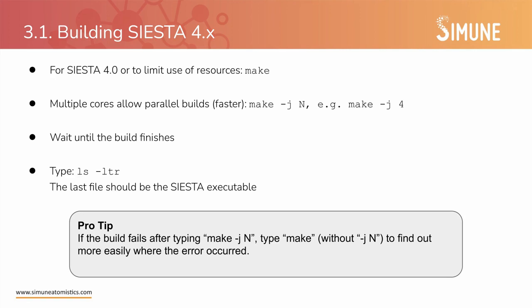Then you wait until the build finishes, and if you type ls -ltr, then you will see a list of files, and siesta should be the last one. So in case the build fails after typing make -j, type make again without any option. This will help you to find more easily where the error occurred.